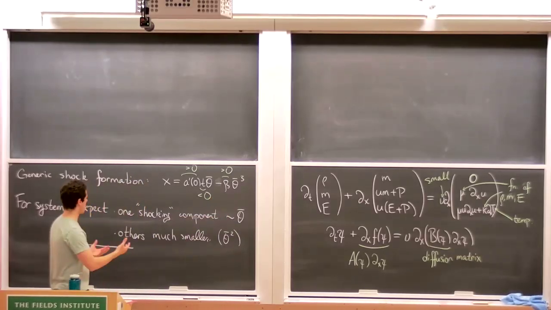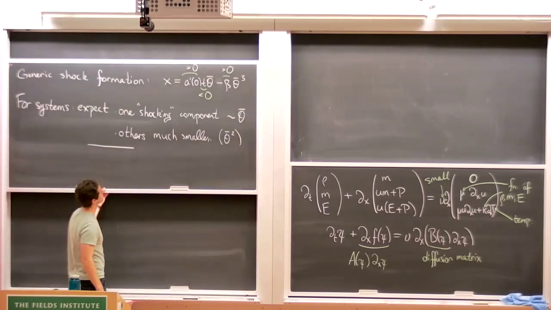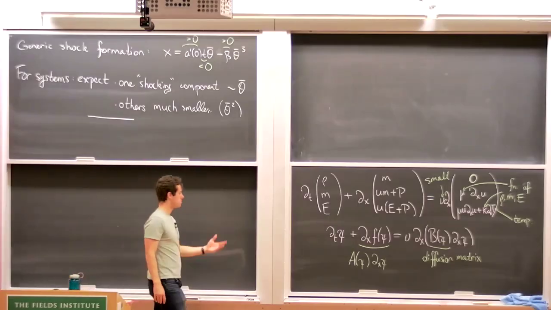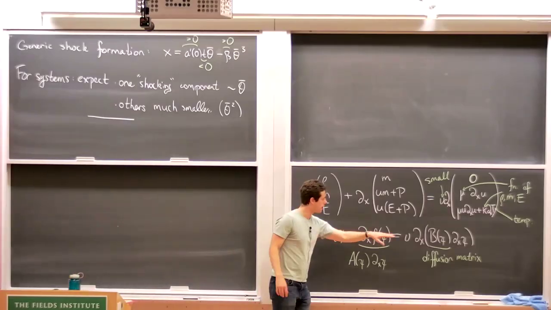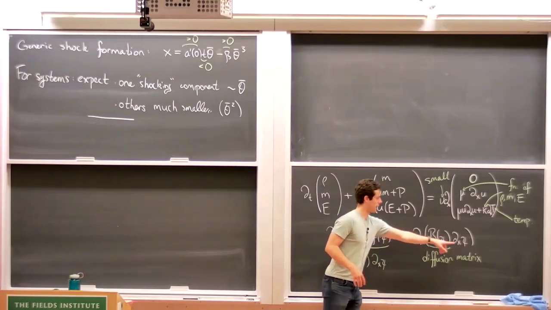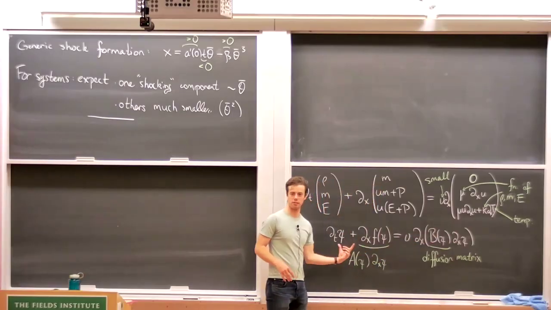And the way I'll approach that is I'll plug theta bar into my viscous model, and I'll ask, how close do I have to be to that gradient catastrophe before the second derivatives on the right side start to overwhelm the first derivatives on the left?